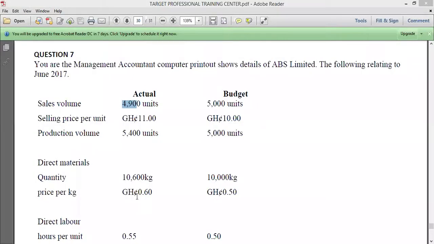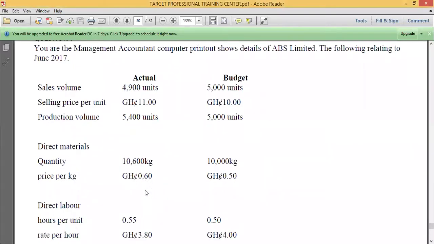So the actual material cost, there will be some level of closing inventory, which is 500 units, right? Yes. Good. So that's 500 units.